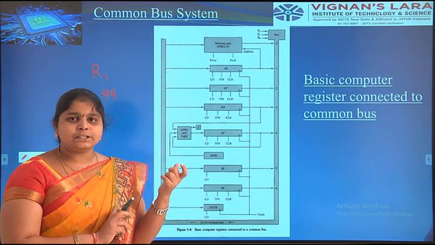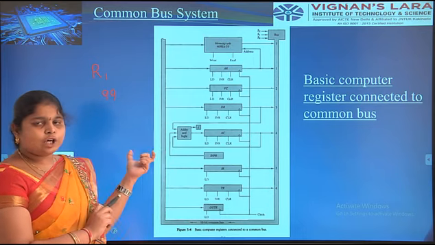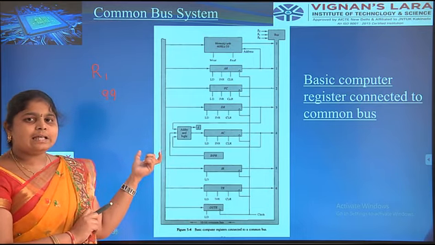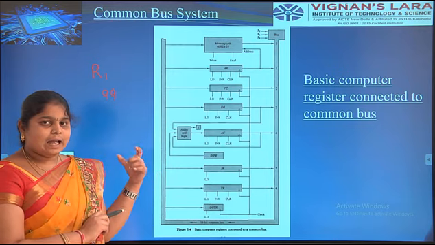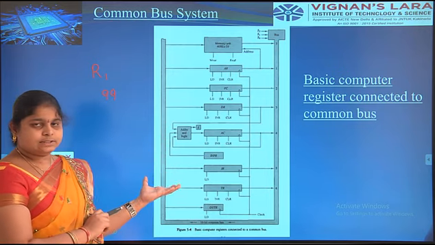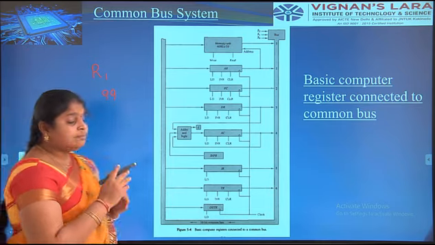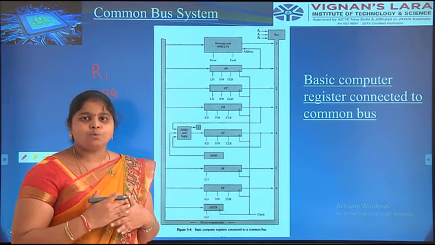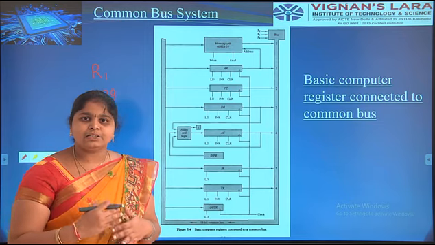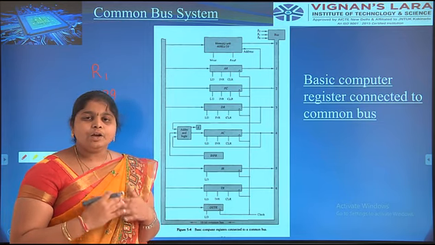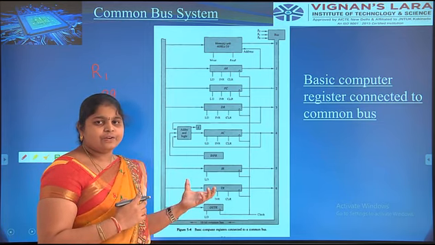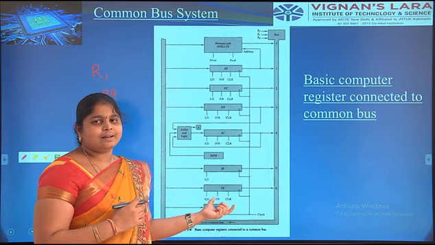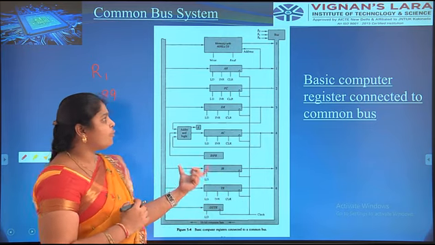That is more expensive than using the common bus. The common bus is a less expensive manner with the help of these registers. From 100 registers, transferring the information requires more time and more cables and wires. That's why we implement the transfer of information from one register to another with the help of a common bus.